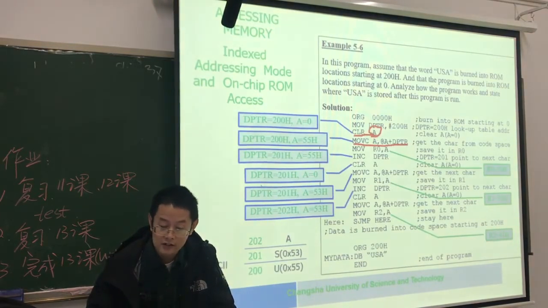A is 0, which means this represents the first number of the table. So move the first number of the table to A, so A is changed. Here A is changed.